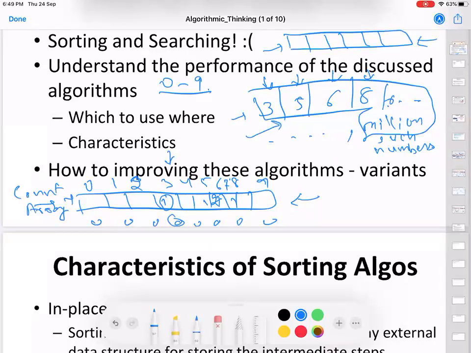Let's say that 0 was there 5 times, 1 was there 2 times, 2 was there 4 times. If I want to print this array in ascending order, I can print 0 5 times. Similarly, I can print 1 2 times. Similarly, I can print 2 4 times. In this way, you can actually print out the sorted numbers from these million such numbers.